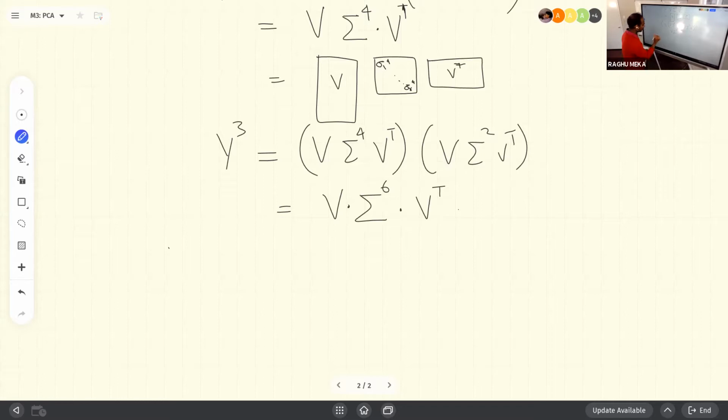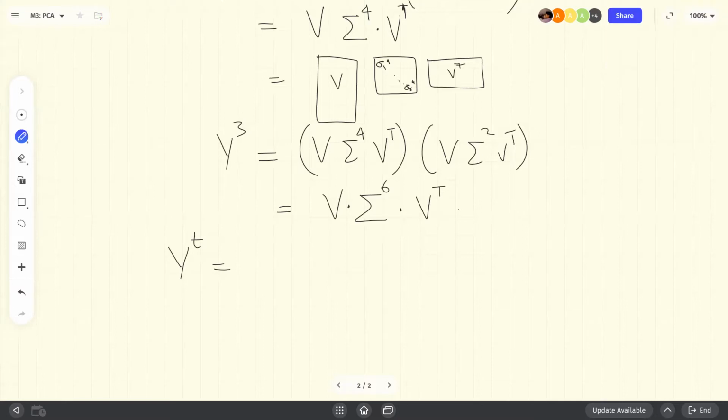So in summary, what is y to the t? If I raise this matrix to the tth power, what do I get? V times sigma to the 2t times V transpose. Exactly.